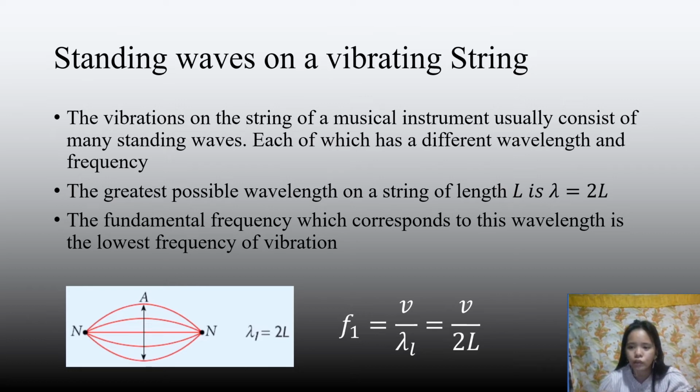We know that frequency is velocity divided by wavelength. So wavelength is 2 lambda, and F1 can be written as V over 2 lambda. This F1 here is called the fundamental frequency.